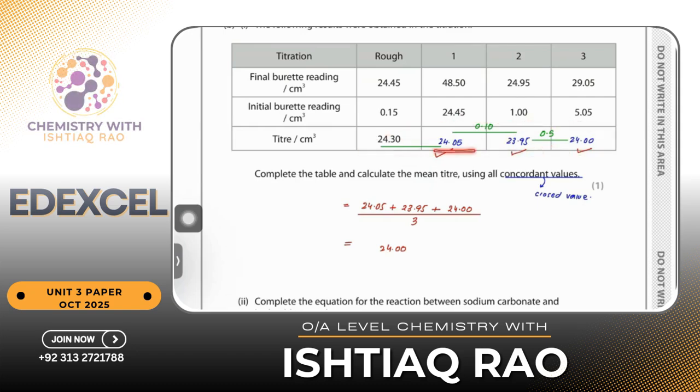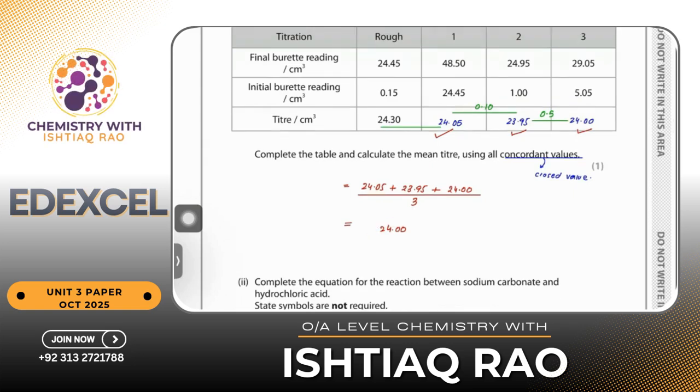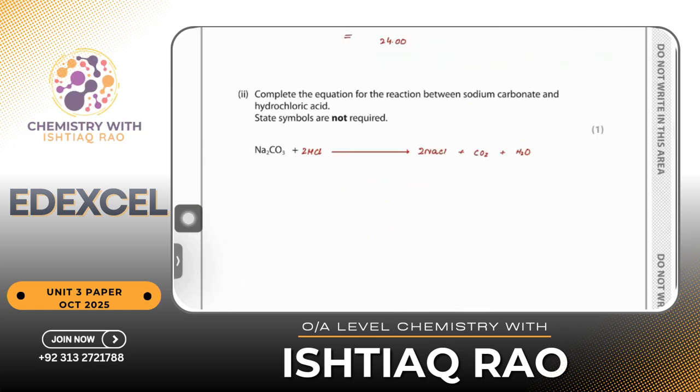They are quite close to each other. The difference between these two is 0.05. That's okay. The difference between these two is 0.1. So 1, 2, 3, they are concordant readings. So just sum of all the values divided by the total number, you would be getting the mean titer.